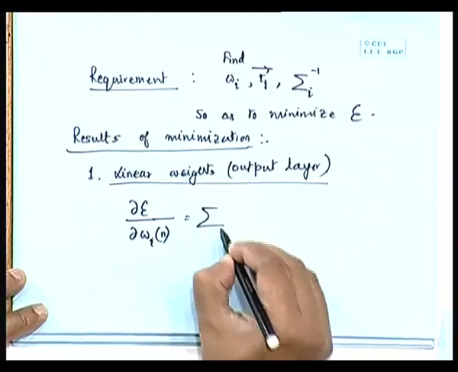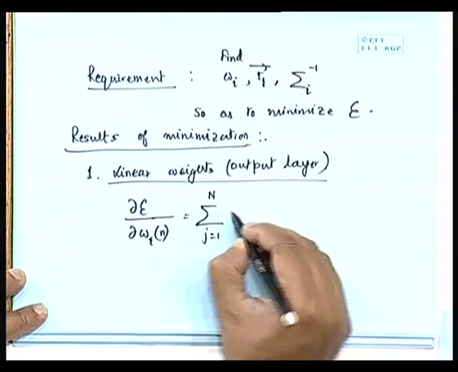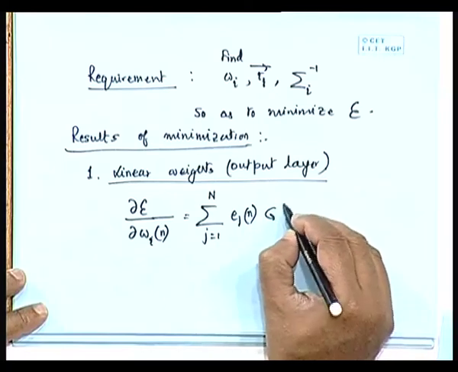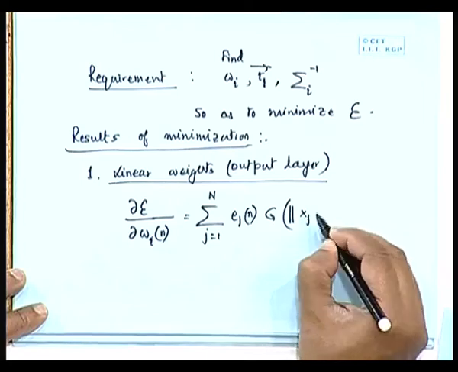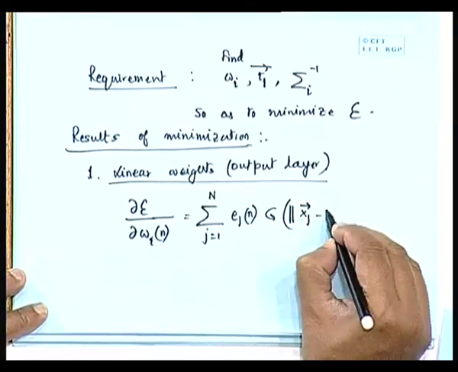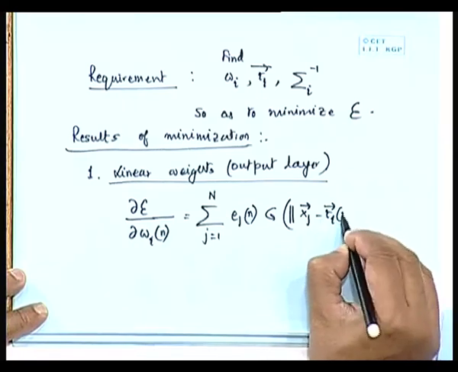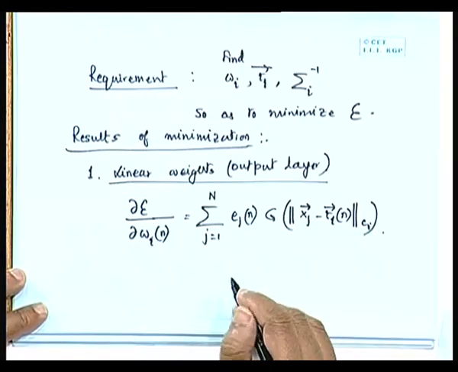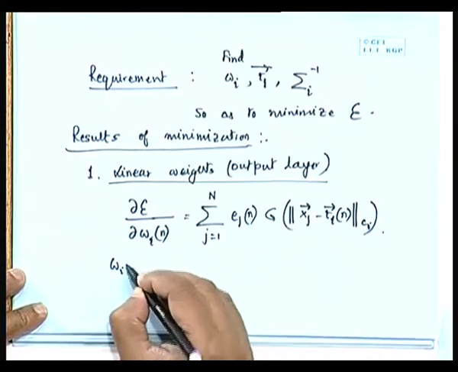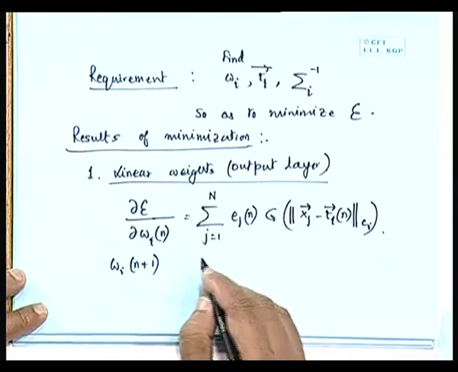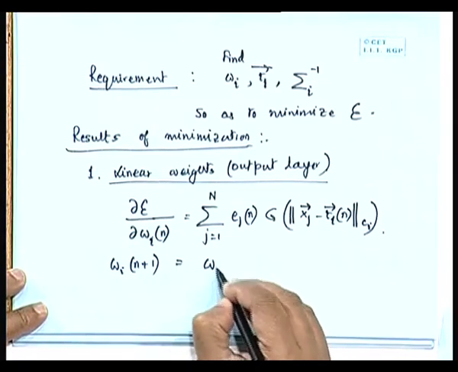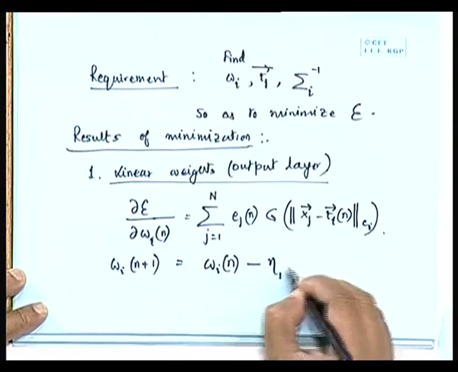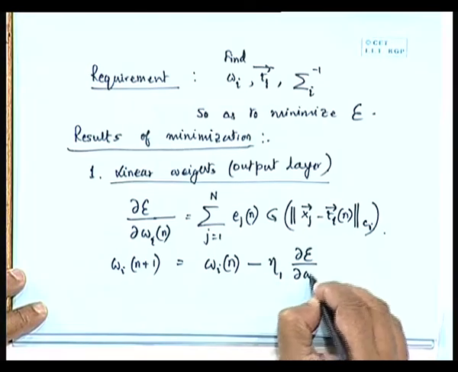So, in effect, if we differentiate these, we are going to obtain a solution of this form: summation j equal to 1 to n, Ej(n), multiplied by the Green's function g with argument xj minus T_i at iteration n, having the weighted norm C_i. And the updated weight W_i(n+1) will be simply given by W_i(n), the past weight, minus eta_1 times dou E by dou W_i(n).